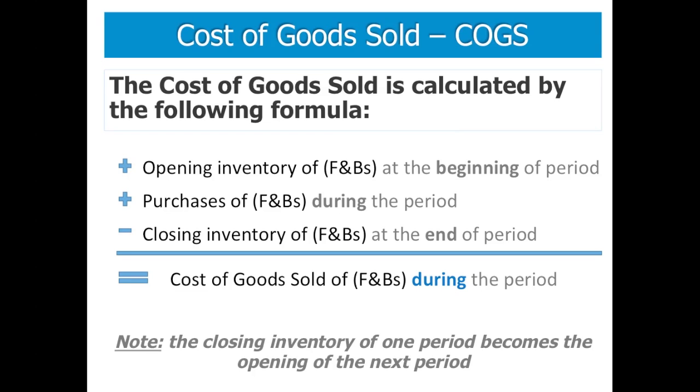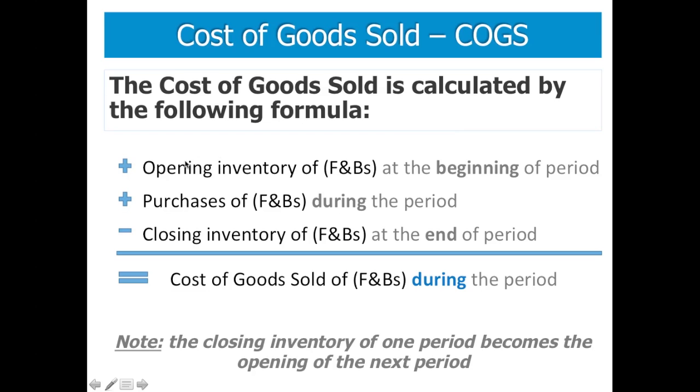So let's say this includes the value of the opening inventory on January 1 of 2013, plus purchases during the period, meaning from January 1 through December 31 of the same period, minus the closing inventory of foods and beverages at the end of the period, December 31, 2013.